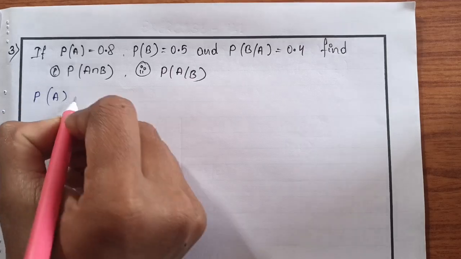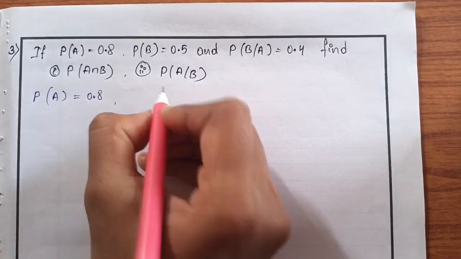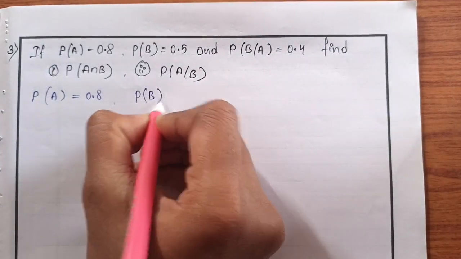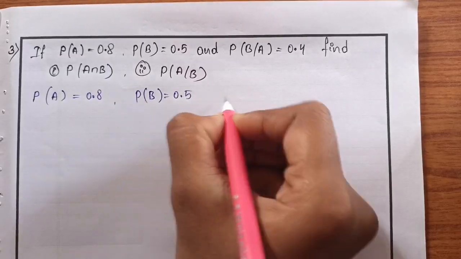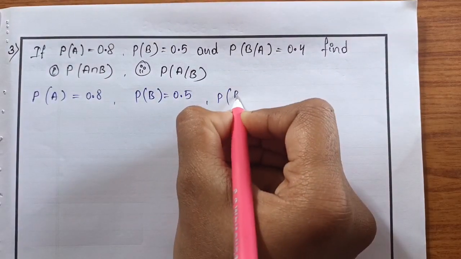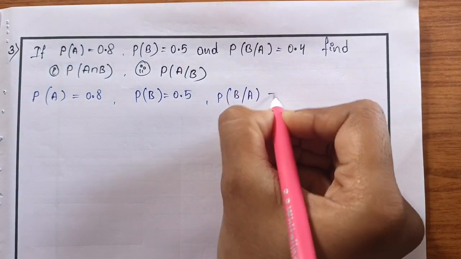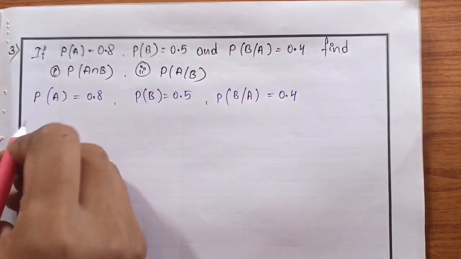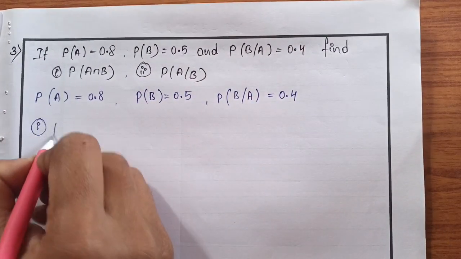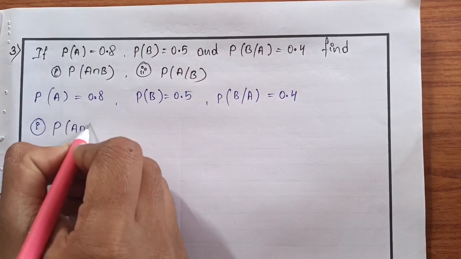Probability of A equal to 0.8, probability of B equal to 0.5 and probability of B by A equal to 0.4. First we find out the probability of A intersection B.